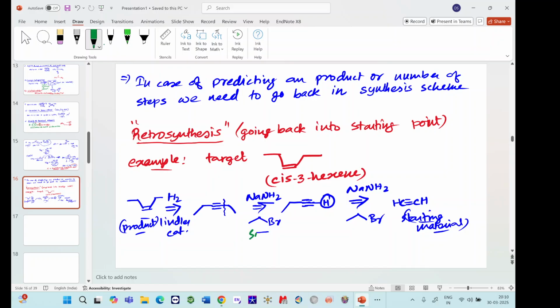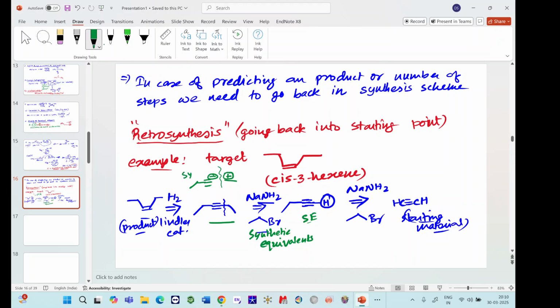This is called synthetic equivalent. And apart from that, if you hypothetically break this bond, you can have something like this: a negative charge and a positive charge, hypothetically.